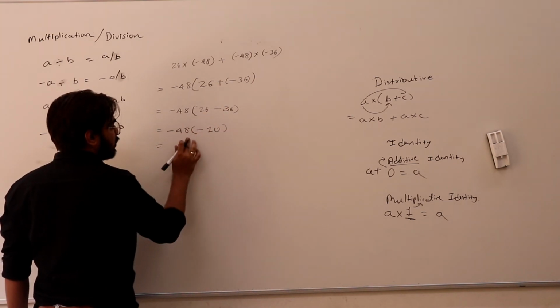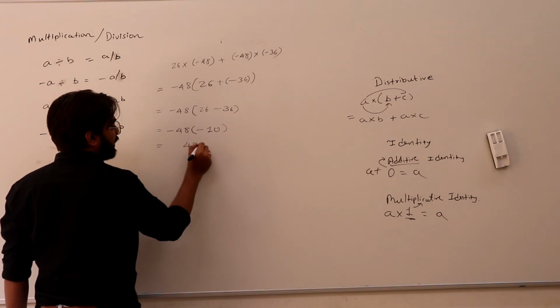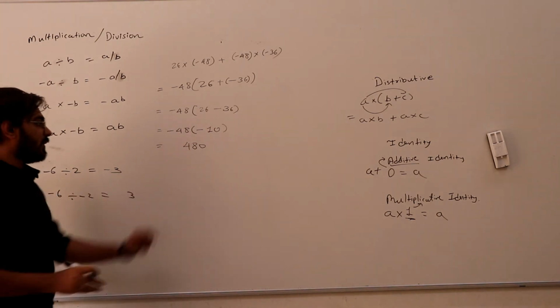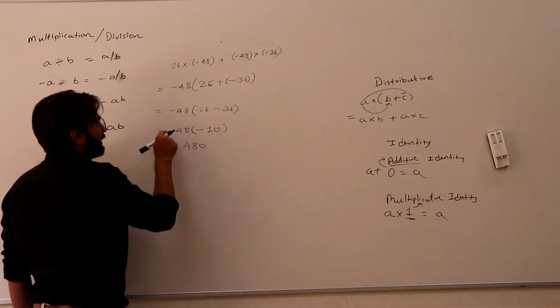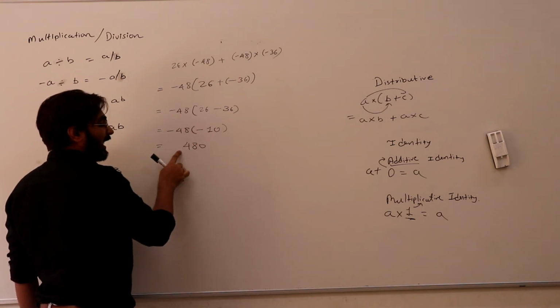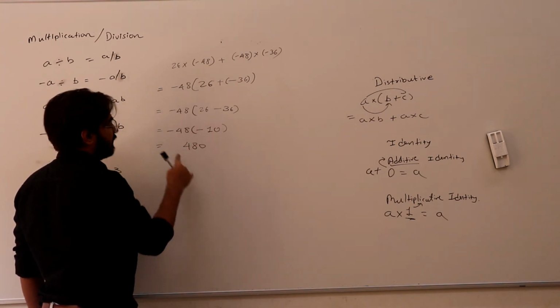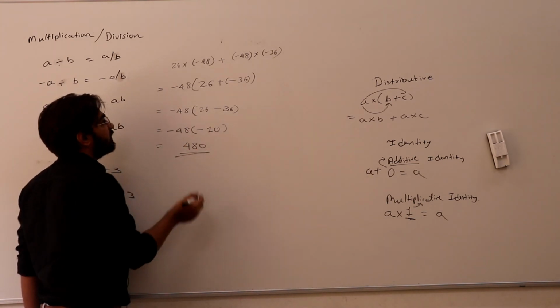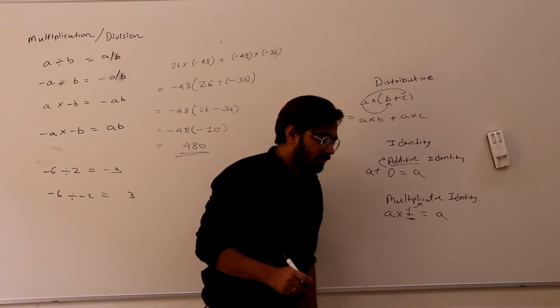So 48 into 10 will give you 480, minus minus plus. Here in multiplication, bracket means multiplication. In multiplication the sign becomes the answer. Minus minus plus. Plus is not a process in multiplication, it is the answer. So this is how the distributive property is applied.